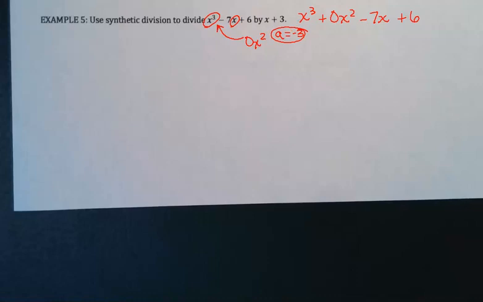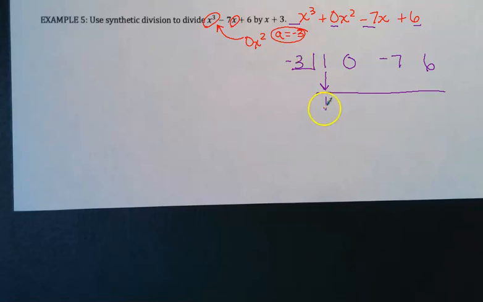Then we can set up our synthetic division. In our synthetic division, we're going to bring the coefficients. So we have a 1, a 0, negative 7, and 6 that we're dividing by our a value of negative 3. All right, so first thing, we bring down that first number, and then we start doing our multiplication.